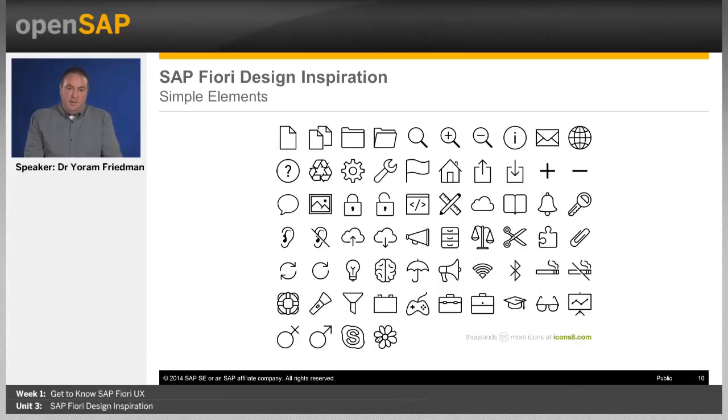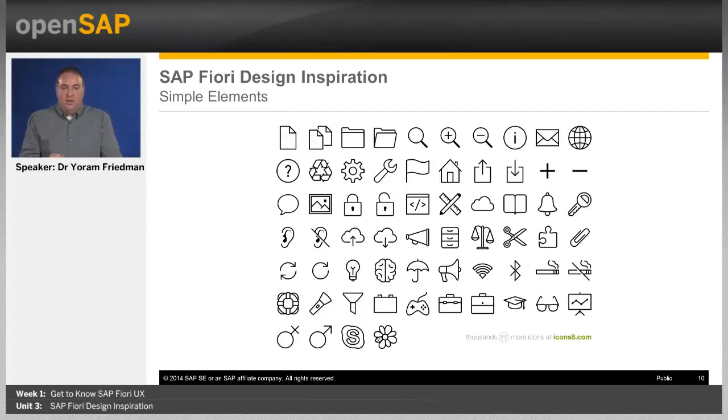We want to use simple elements. You saw the shift on the iOS device from something that looks like a camera aperture to a simple representation of a camera. And today we have libraries of icons that you can find everywhere that represent almost any object and any activity in a very fine way. Linear icons, something very simple, very easy, black and white, or dual tone, two colors.